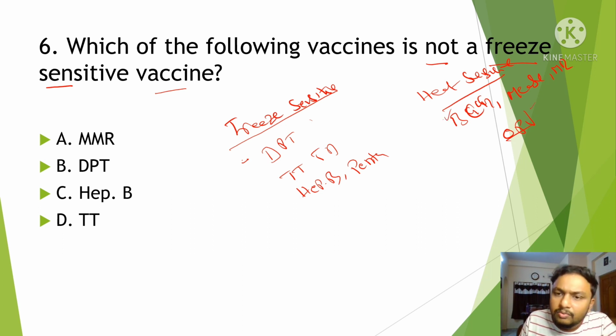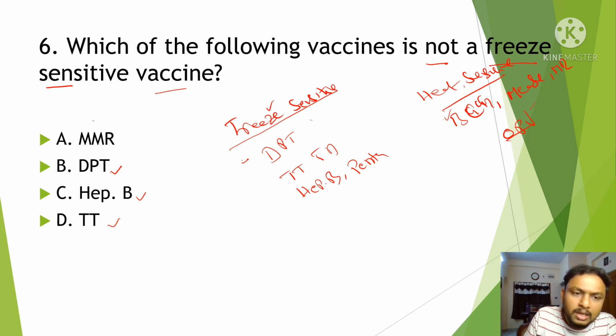These are sensitive to heat and those are sensitive to freezing, so they can be resistant to heat. So what is your question? Which vaccine is not freeze sensitive? It means we have to find out the freeze sensitive vaccines, which I told you already. DPT is freeze sensitive, so it can be heat resistant, and hepatitis B is freeze sensitive, and TD is also freeze sensitive.